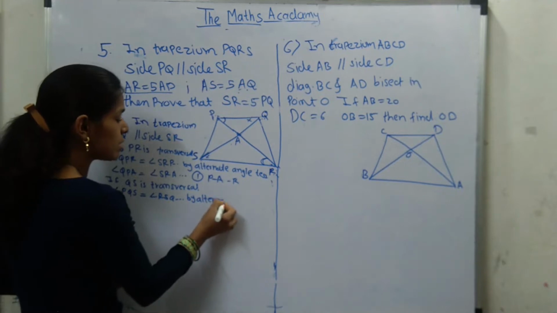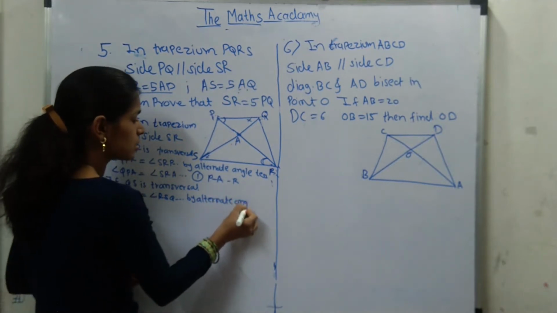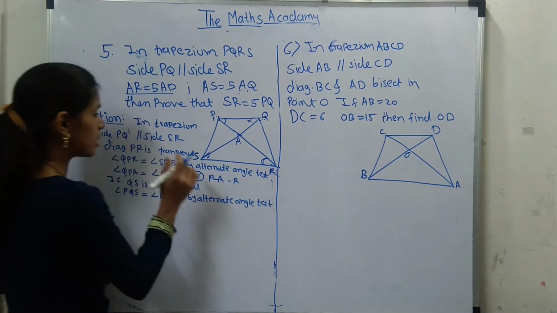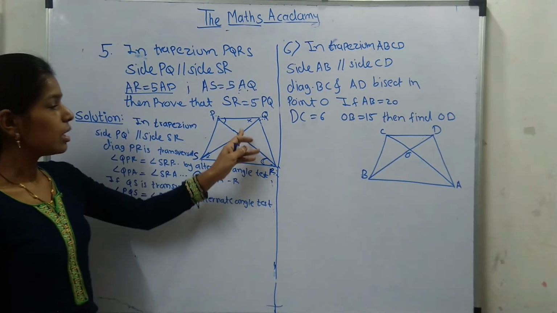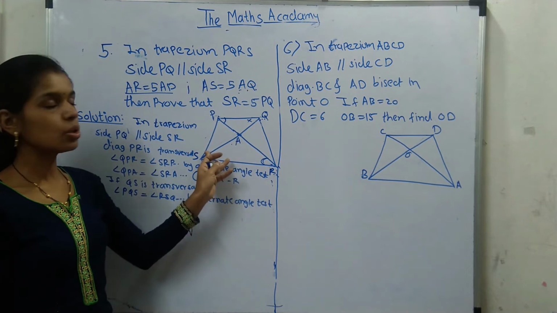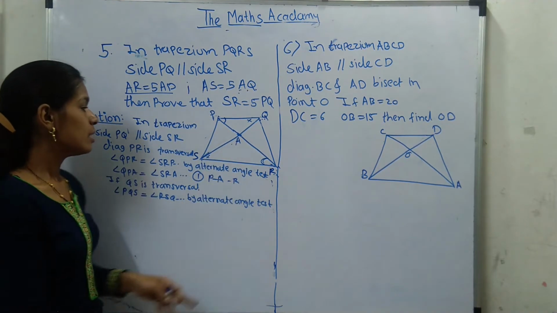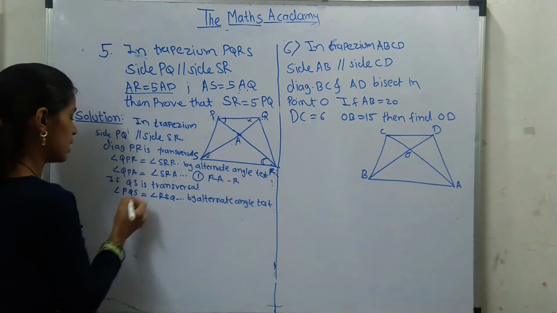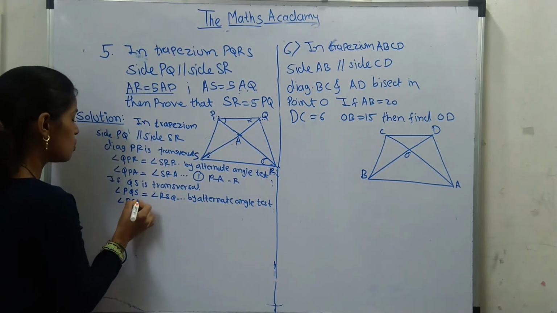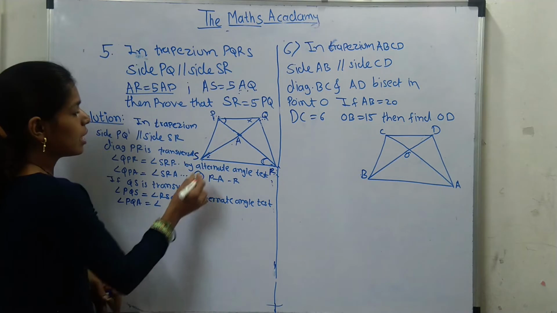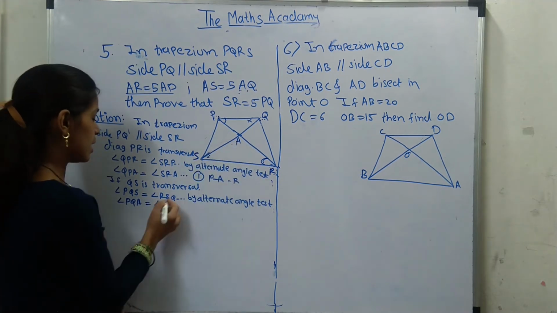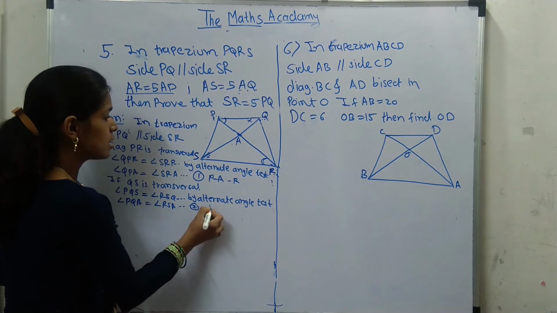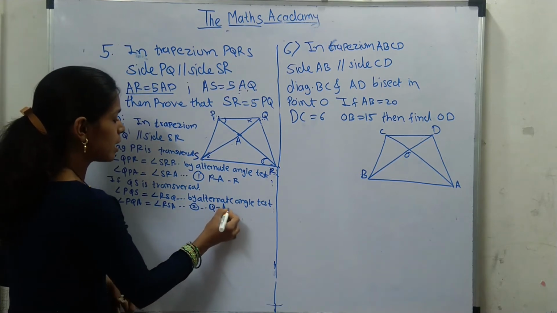By the alternate angle test these two angles are equal, and again here A is a point on the line segment QS, so in place of angle PQS you can write PQA. Angle PQA is equal to angle RSA. This is the second result, since Q-A-S are collinear.